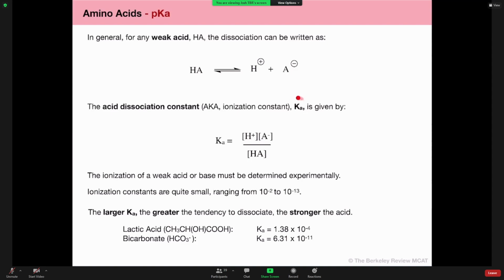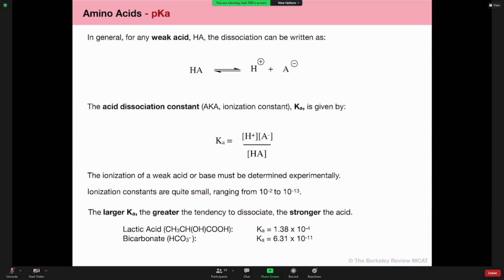And so, to actually get these numbers, the ionization of the weak acid or base must be determined experimentally. So you actually have to run experiments to collect the data to get these numbers, okay? And when you do that, you're going to notice that these ionization constants, Ka is just the ionization constant, are very small, right?